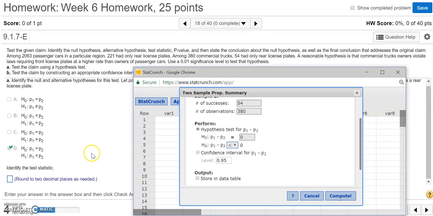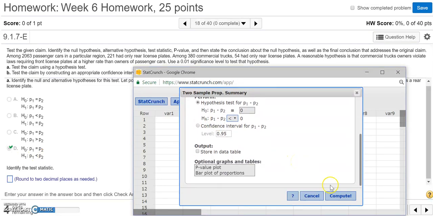Just remember back to your algebra, if you had something like this and you subtracted P2 from both sides of the inequality, you would get P1 minus P2 on the left and 0 on the right. So this statement right here is the exact same relationship as this statement right here. So we're going to go ahead and go down and click Compute.